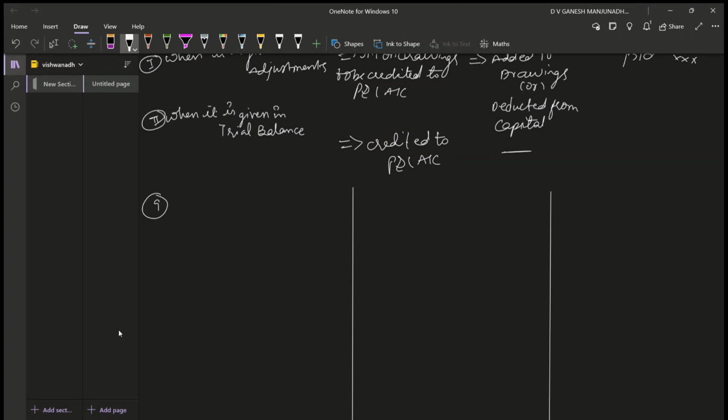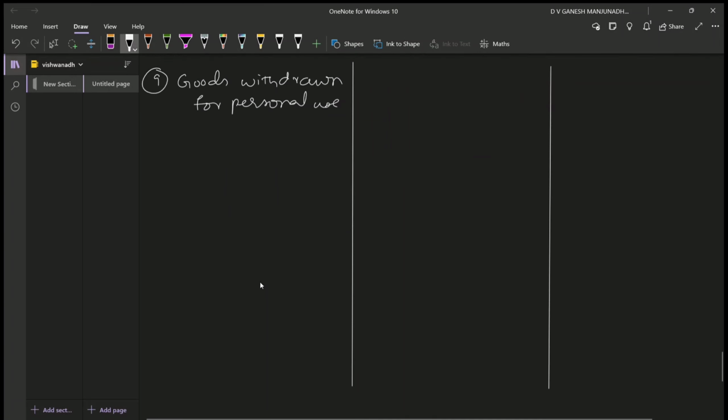The 9th adjustment would be goods withdrawn for personal use.